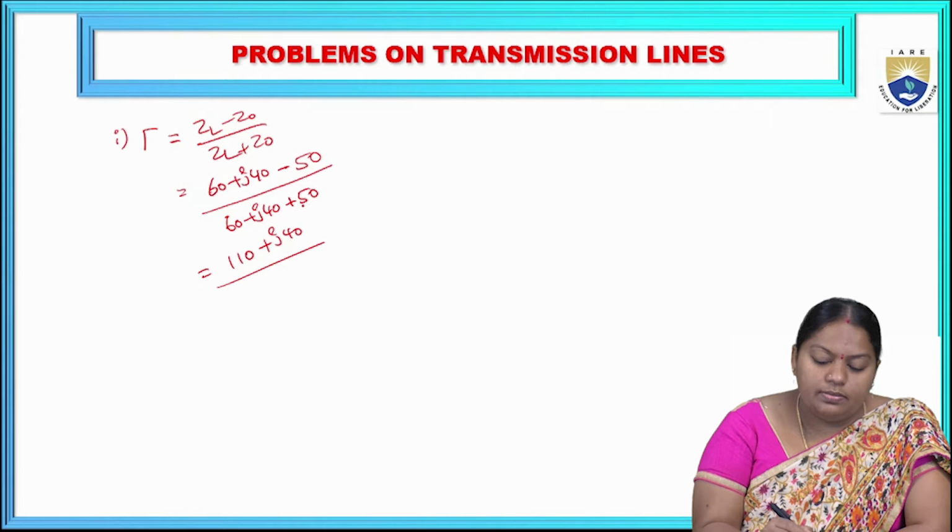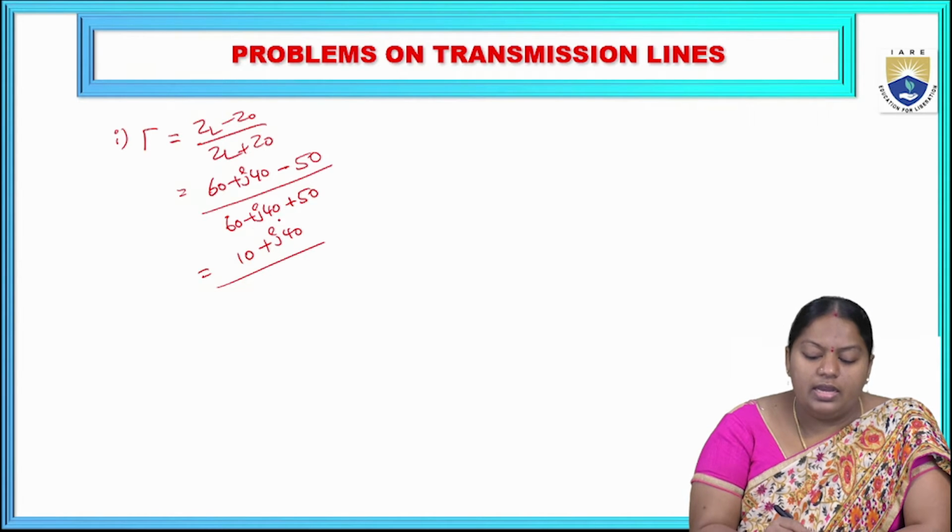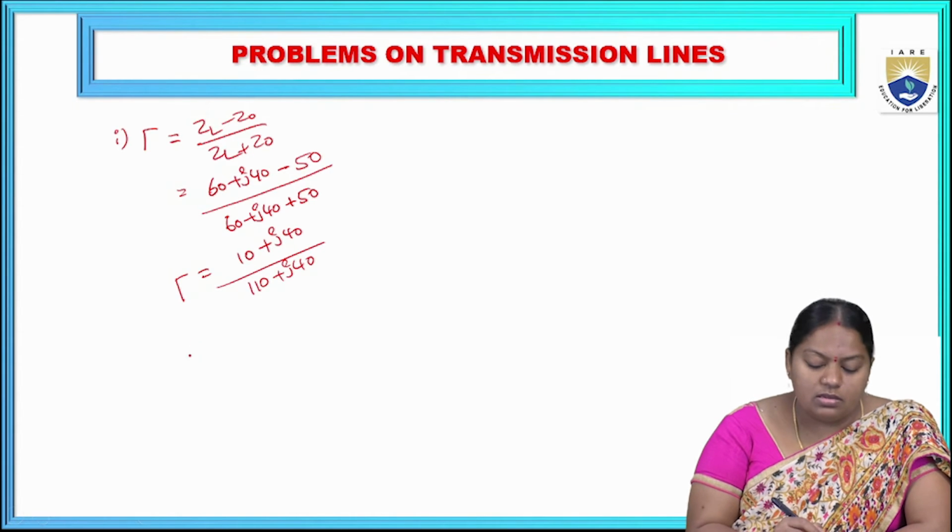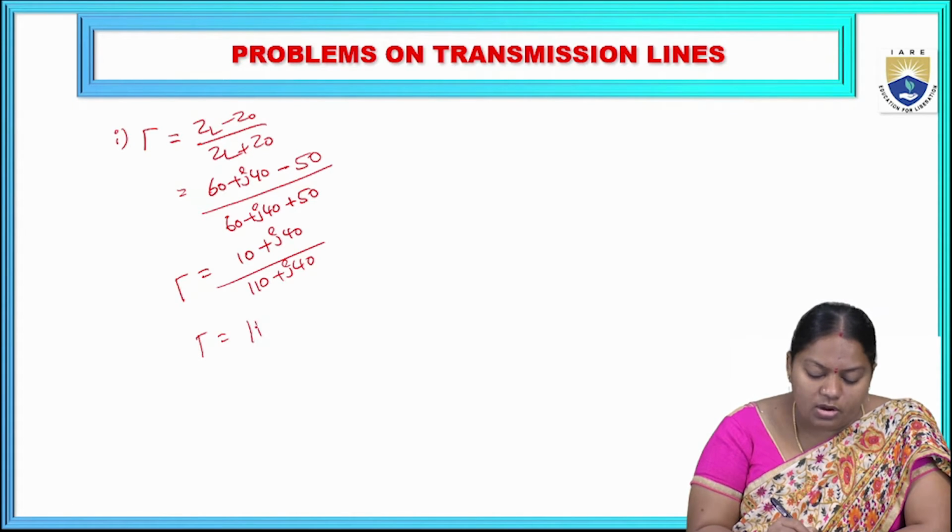This gamma can be written as modulus of gamma into e power J phi.